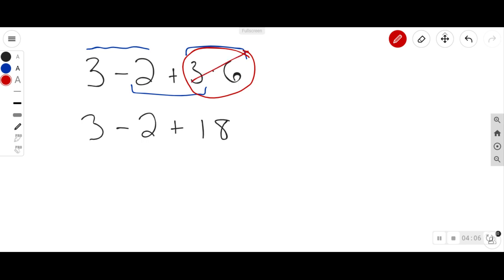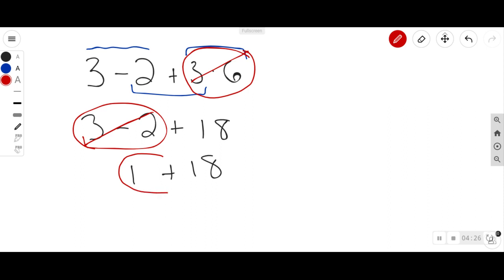Now, so that's gone. Now, since I just have add and subtract left, I just work from left to right. So I'm going to start right there. 3 minus 2 is 1, and then I'm going to copy everything else down. So that's gone. Now 1 plus 18 is 19.